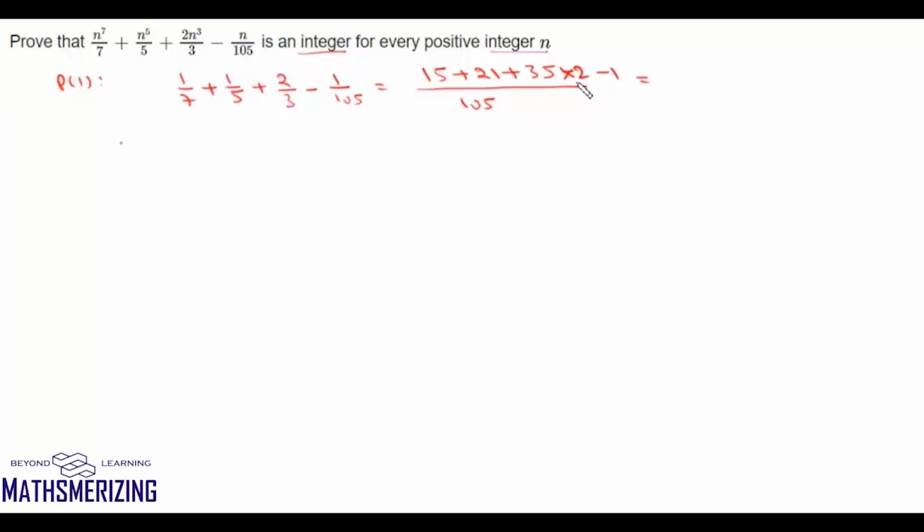So there'll be 70 plus 20, 90 plus 15, 105. So it'll be 105 divided by 105, which is 1, which is an integer. So that means P1 is true.